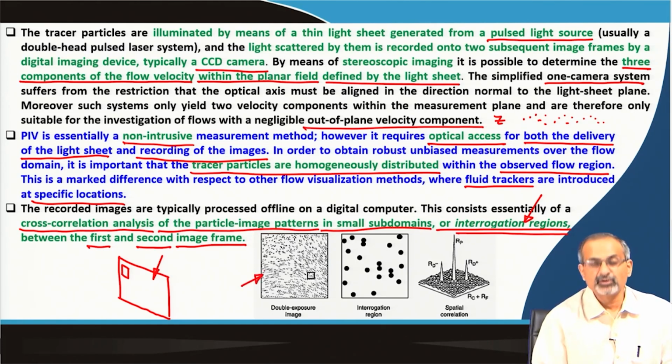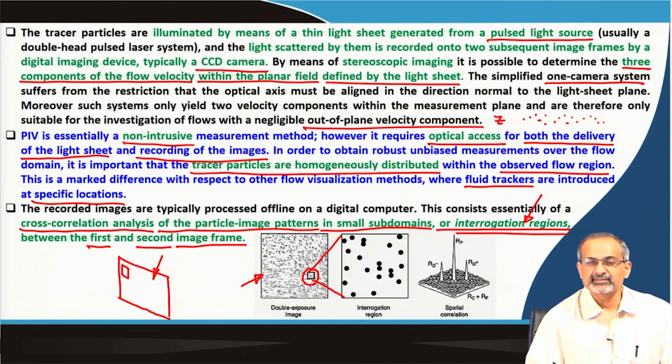So here you are looking at a typical frame where a small region shows you that interrogation region, and if you zoom deep into that region, what you see is something like this. It's laden with a few particles with specific locations.